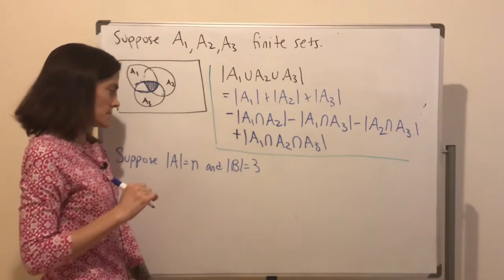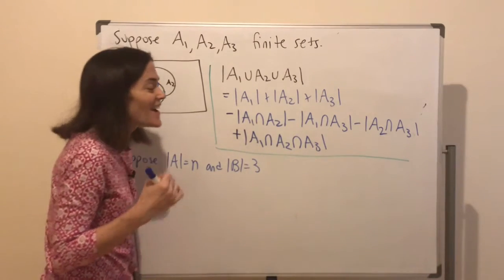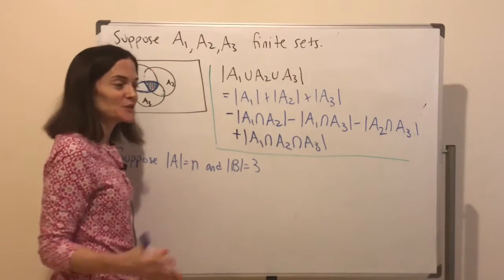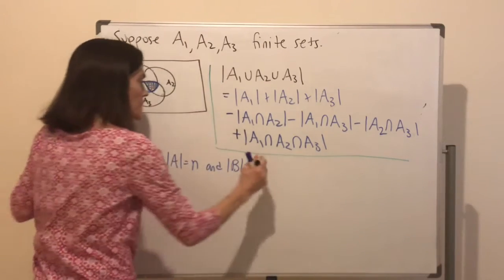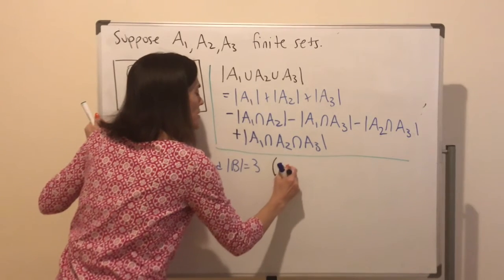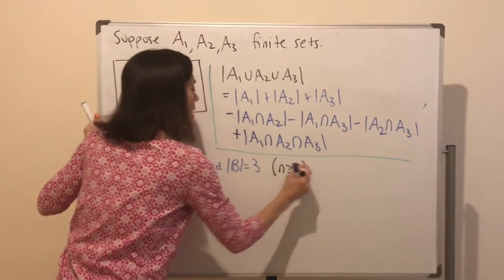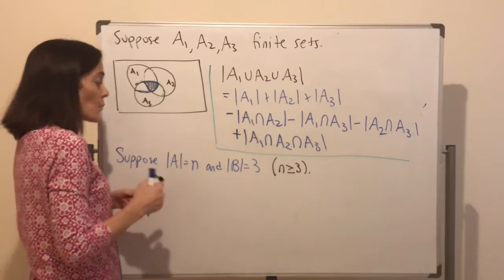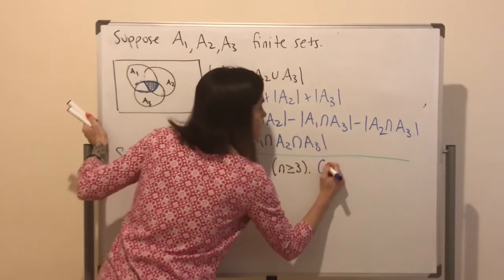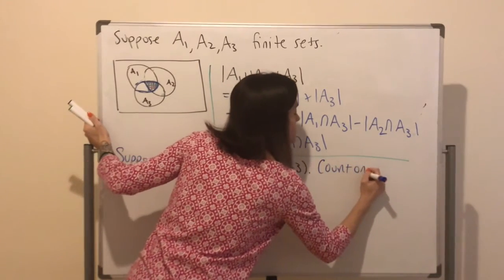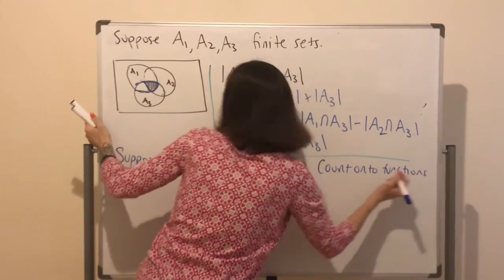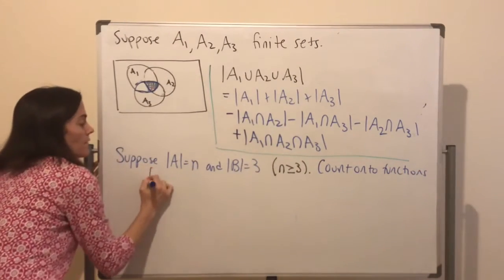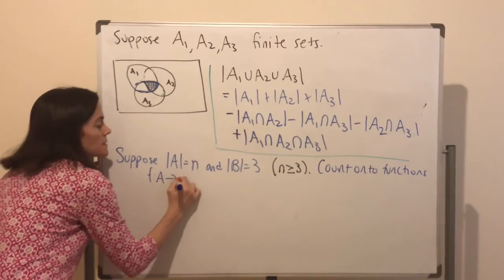So if n is 0 or 1 or 2, there are no onto functions. So let's suppose here that n is bigger than or equal to 3. Now, we will count onto functions f from A to B.